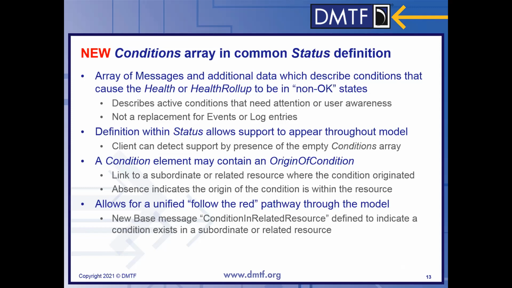So my overall storage subsystem is bad because I have a faulted drive, and here is a reference to that drive that might be faulted. And so this basically gives a way for a client to start looking at an individual resource and seeing its conditions, and in the end, being able to follow the path to other particular resources that are affecting it and make corrective actions as needed.